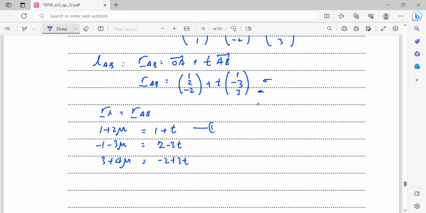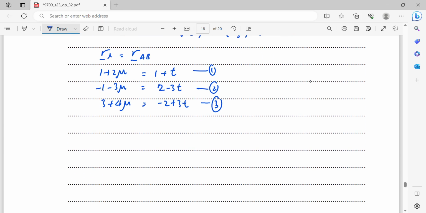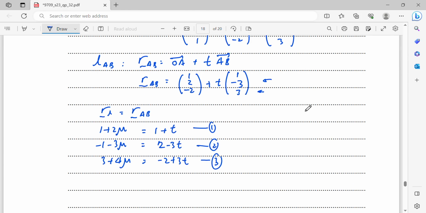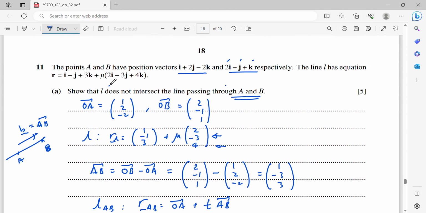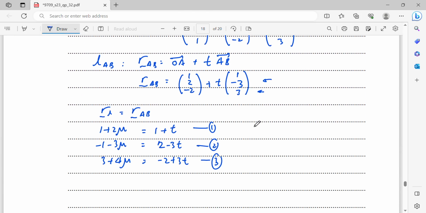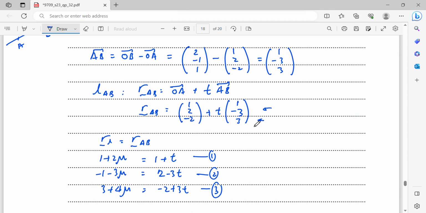Let these be 3 equations. Now, I need to solve 2 unknowns using any 2 equations.